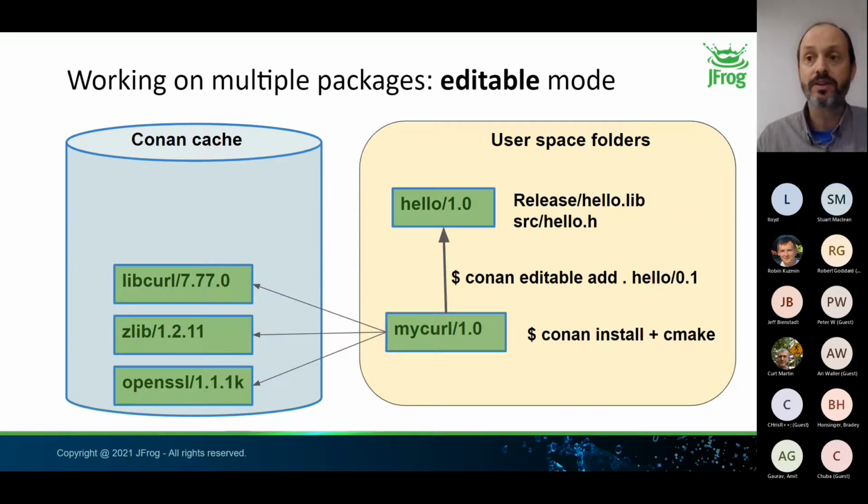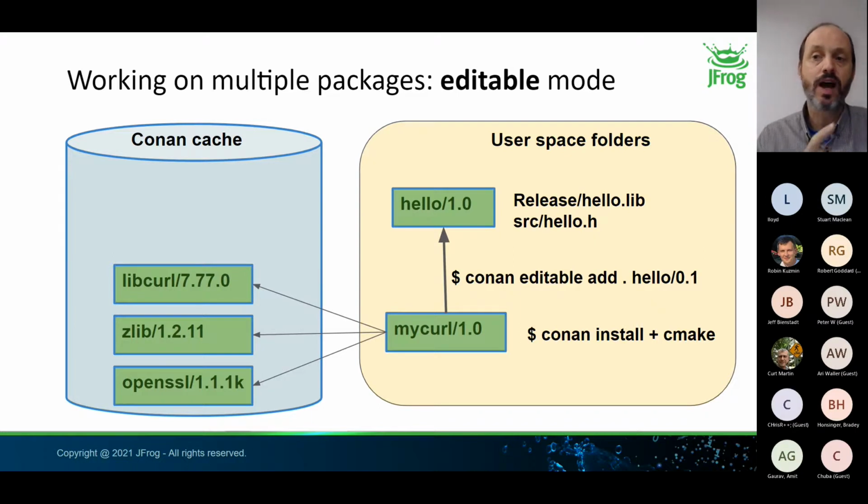Then the editable is actually a Conan command. You can run Conan editable add. You point to the folder that you have your hello 0.1 recipe, and then specify the reference hello 0.1. That means that whenever someone contains a requirement to hello 0.1, instead of going to the cache to find that package, you are going to go to this user folder directly.